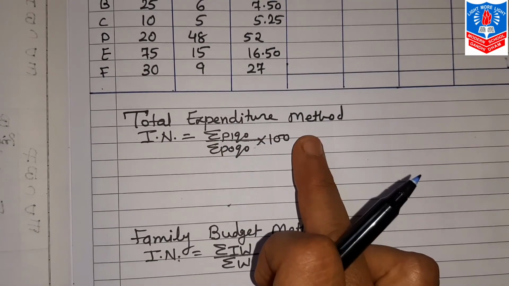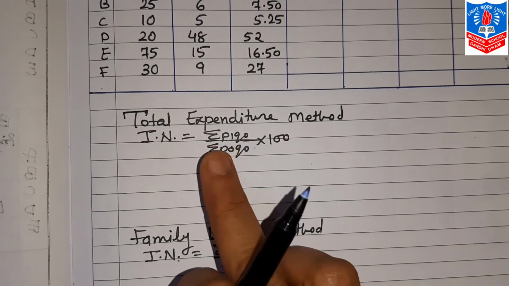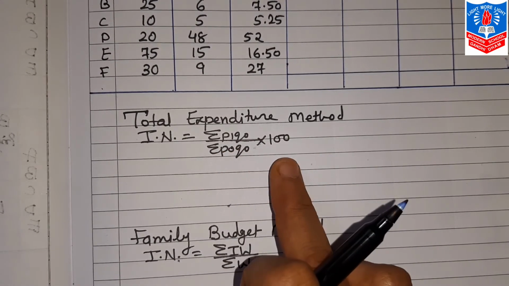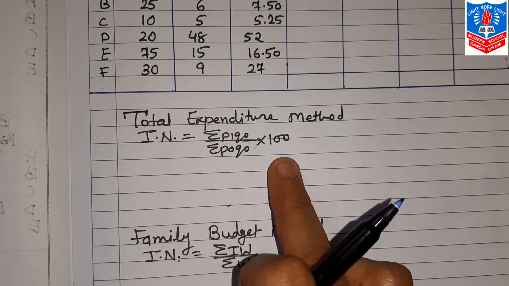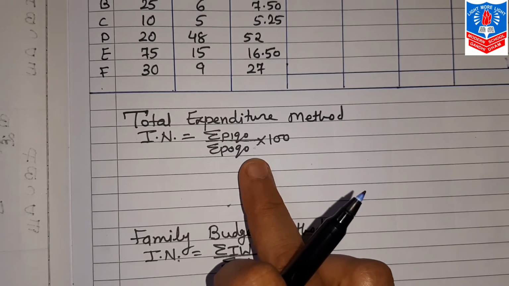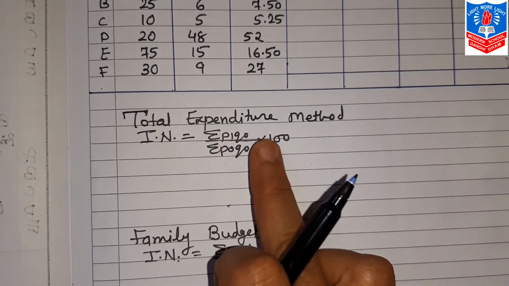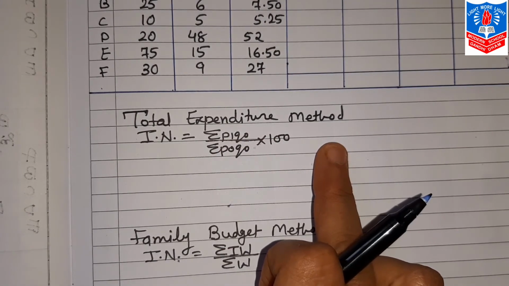Now the total expenditure method's formula is sigma P1 Q0 upon sigma P0 Q0 into 100. Do you remember this formula? It is of Laspeyres' index number. Same formula for total expenditure method.